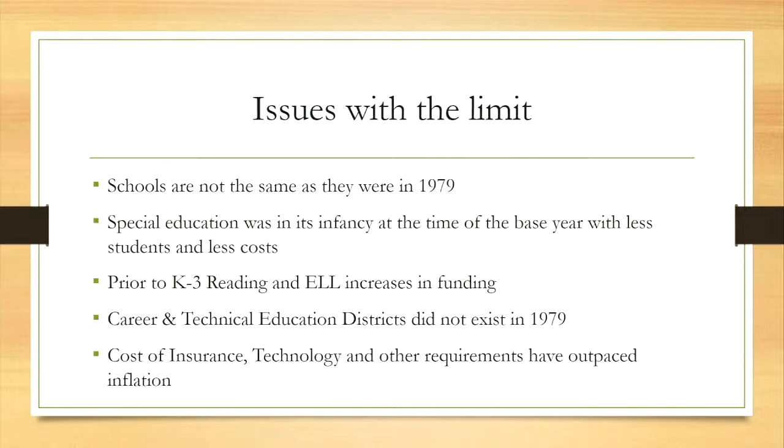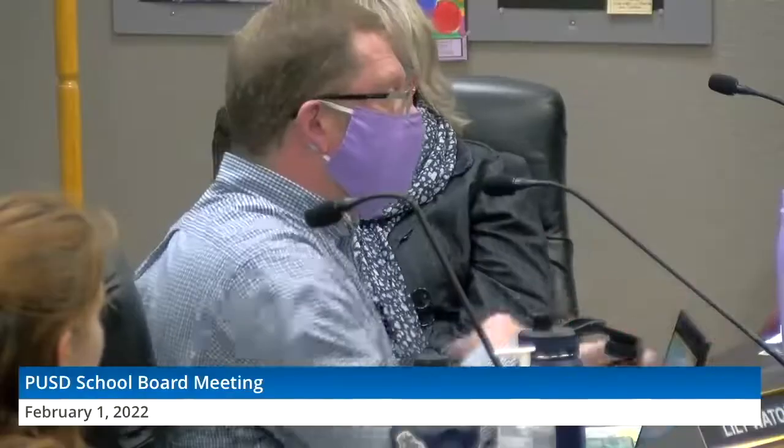Issues with the limit: we're not the same as 40 years ago. Just in 1979, special education law and IDEA were just in their infancies. We have had increases to our K-3 funding. There's a separate Group B line item that brings, I think, $180,000 because K-3 costs more to educate.